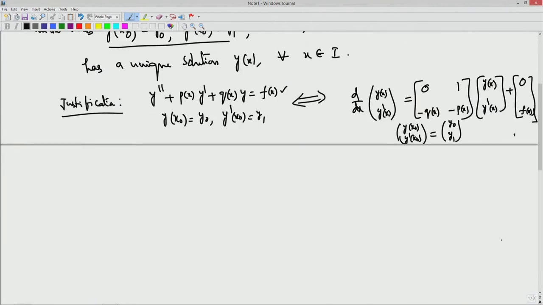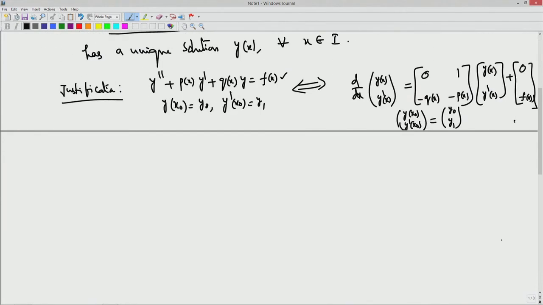So this is how you view the second order equation, as a vector valued function (y(x), y dash(x)), which belongs to R2. And what is your right hand side? d/dx of this is the left hand side, and the remaining part is the right hand side.